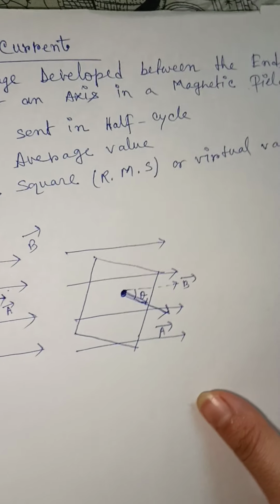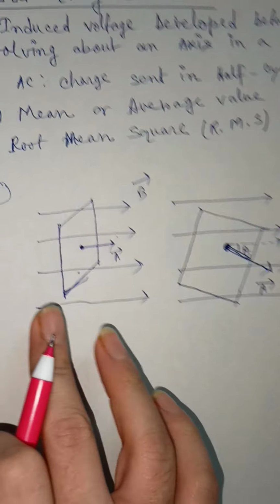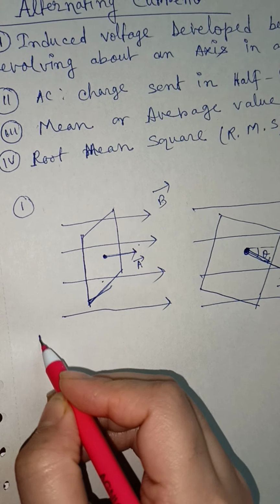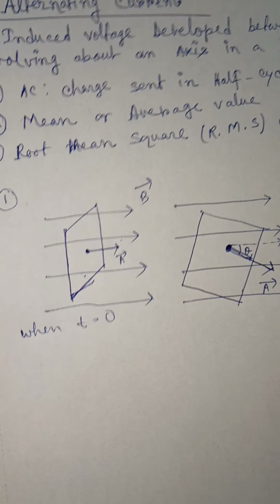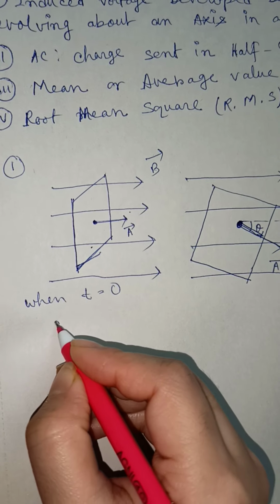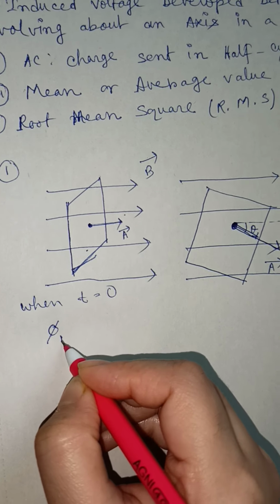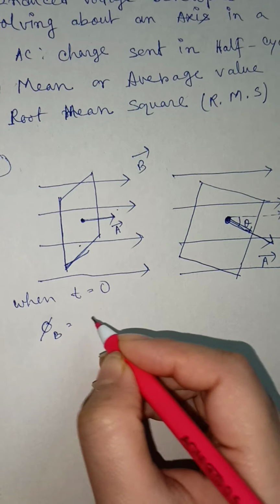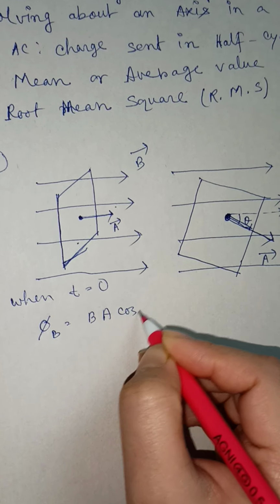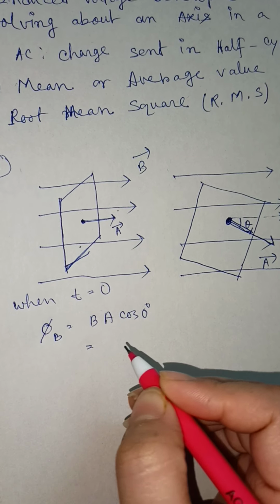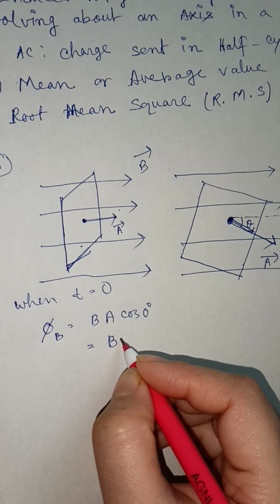Now, when t equals 0, this is the initial position of this loop. So when t equals 0, the magnetic flux phi linked with this loop equals B A cos 0 degree. That means this is BA, right?